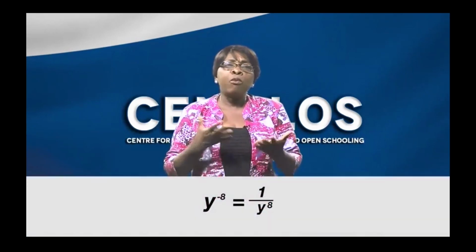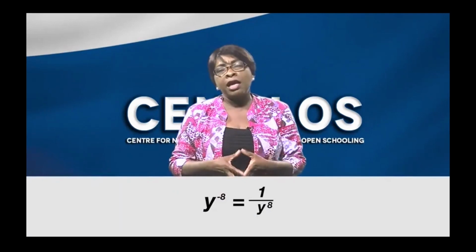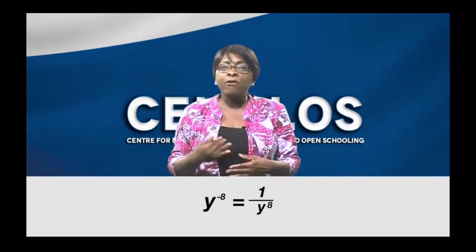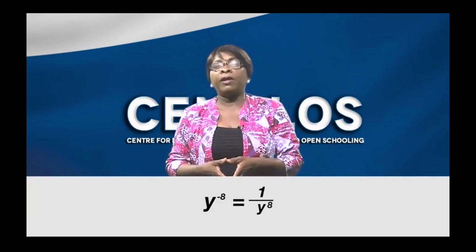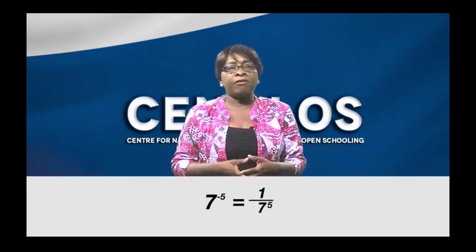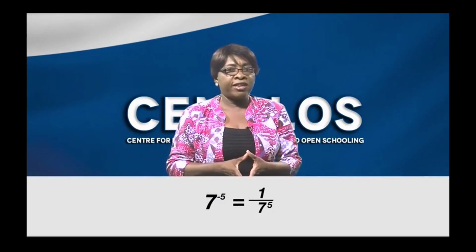And we will use this as well as we go along working questions in indices. And so if you have y raised to the power negative 8, you can quickly change it to a positive index by putting 1 over y to the power 8. 7 raised to the power negative 5 is equal to 1 over 7 to the power 5. I hope you got that as well.